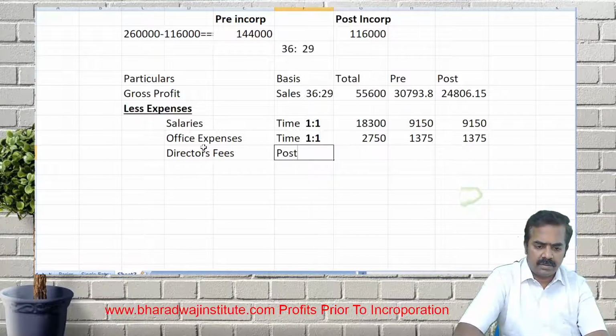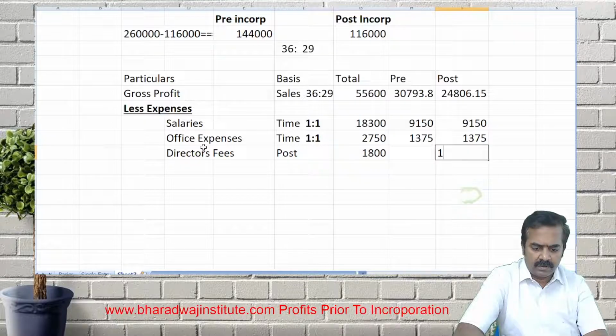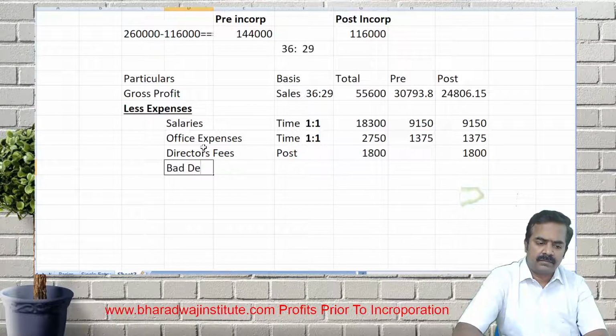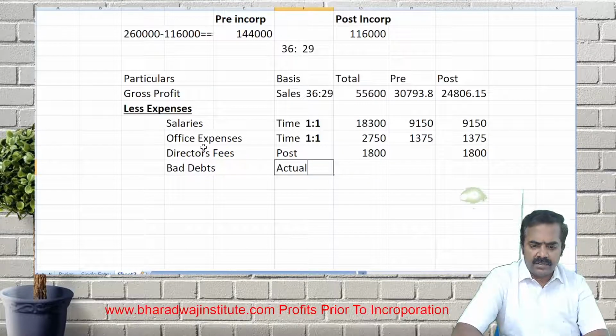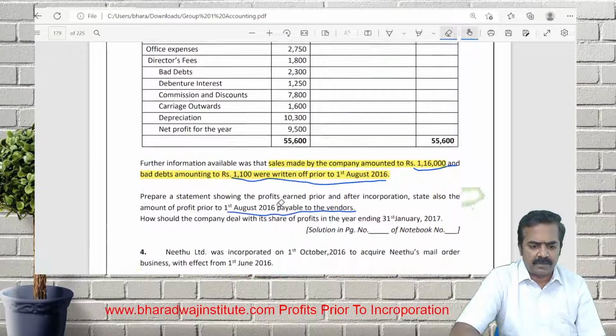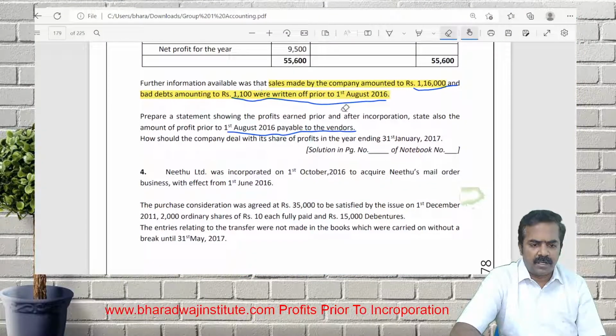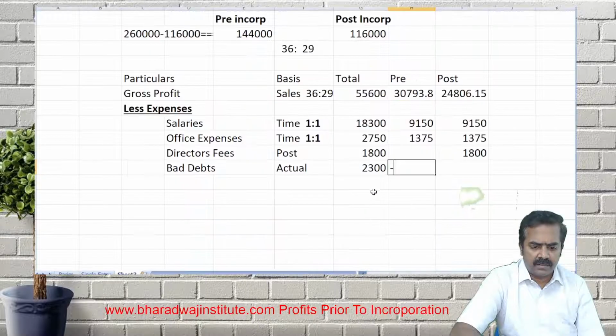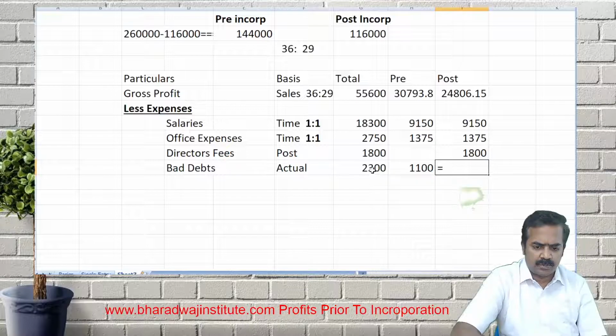Amount? 1,800. Post incorporation. Then bad debts, actual. It's given. What is the total expense? 2,300. How much expenses is related to pre-incorporation? 1,000. 1,100 is prior to that date. Balance is for post.